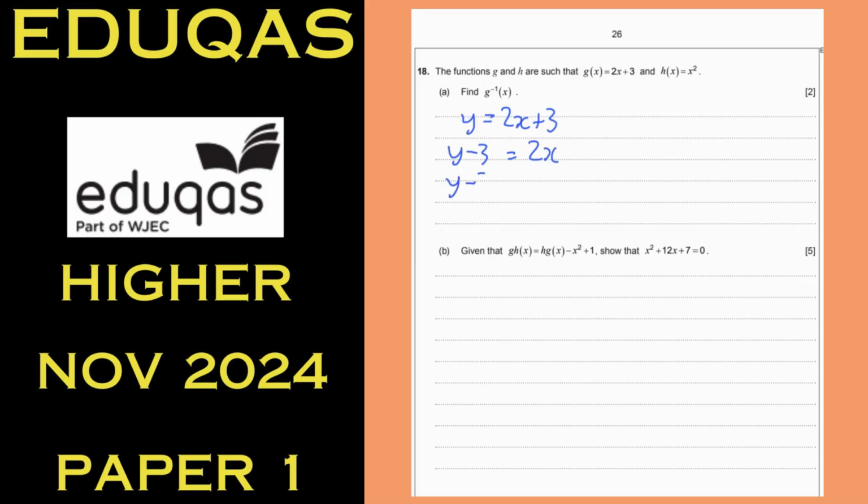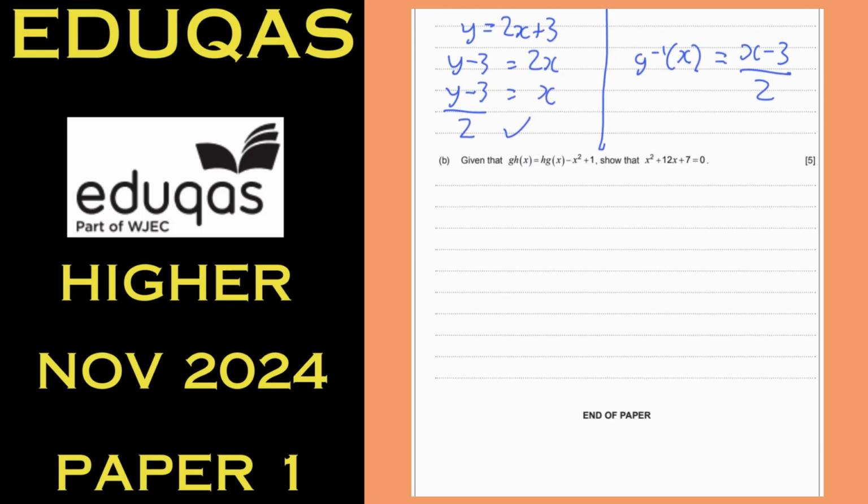And divide both sides by 2. You earn a mark for that, but in order to write it as an inverse function, you've got to flip the x's and the y's around so that your inverse function will actually read x minus 3 all over 2.